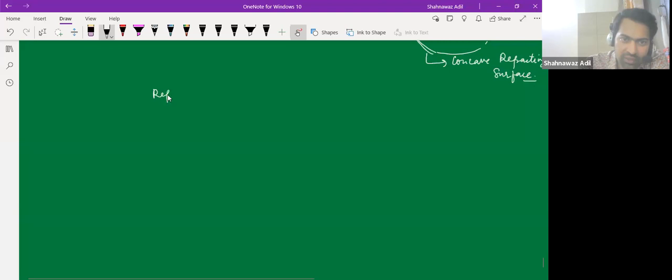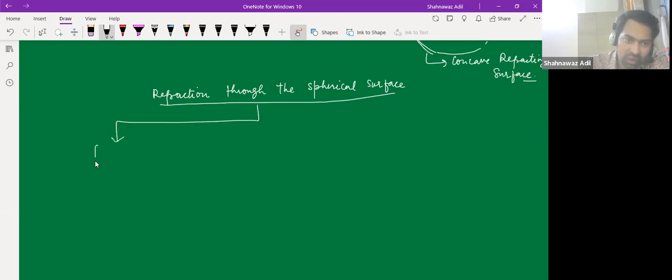So refraction at the spherical surface. One would be from rarer medium to denser, right?